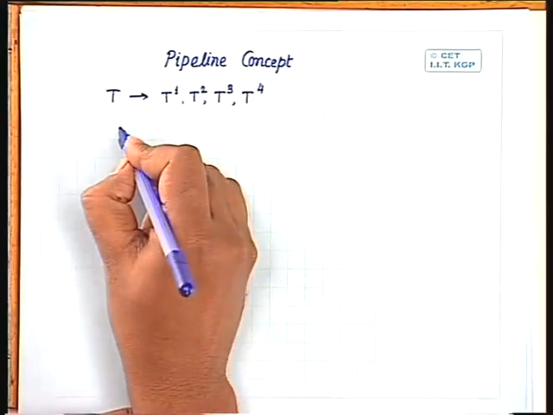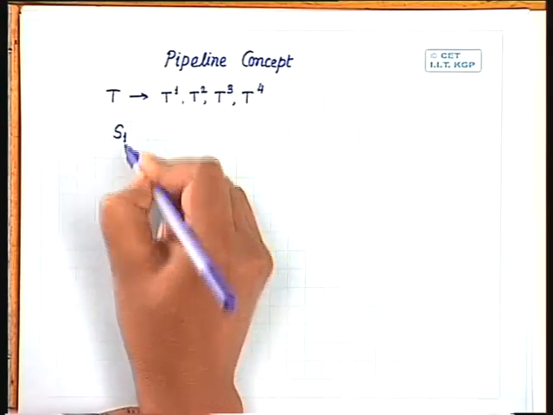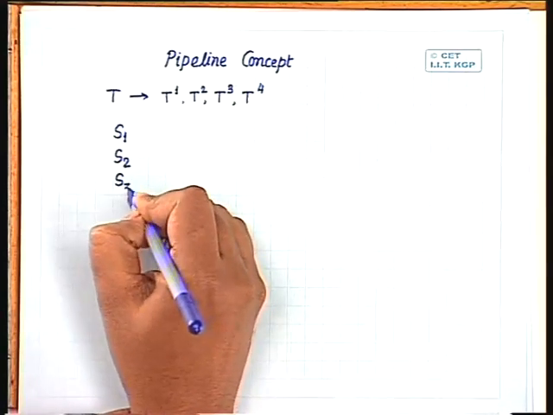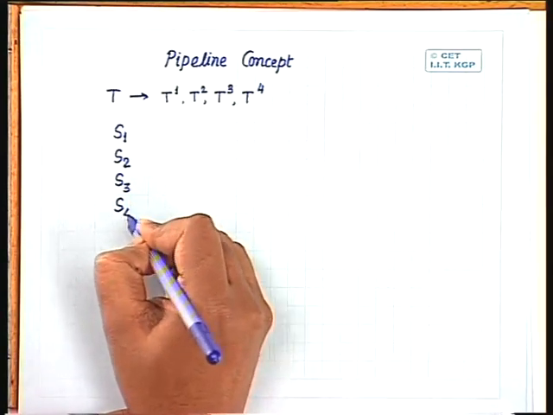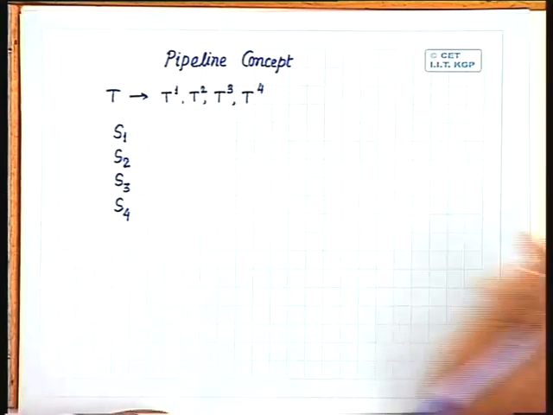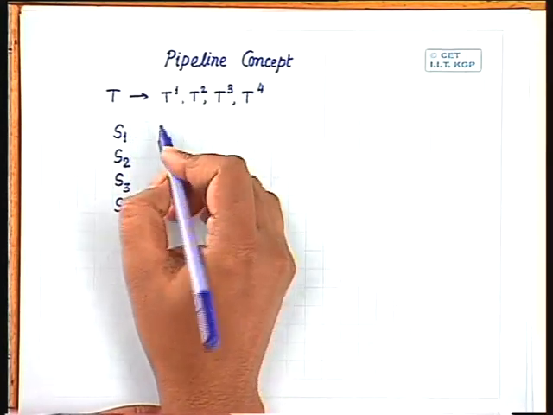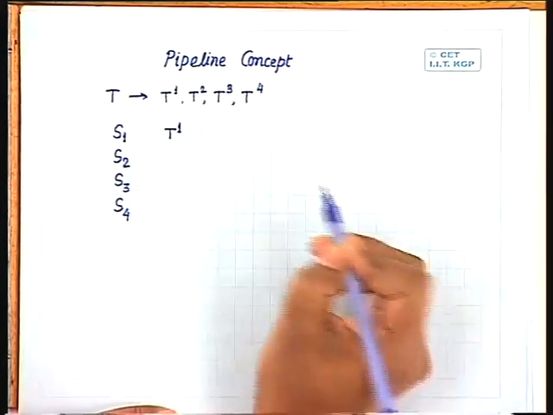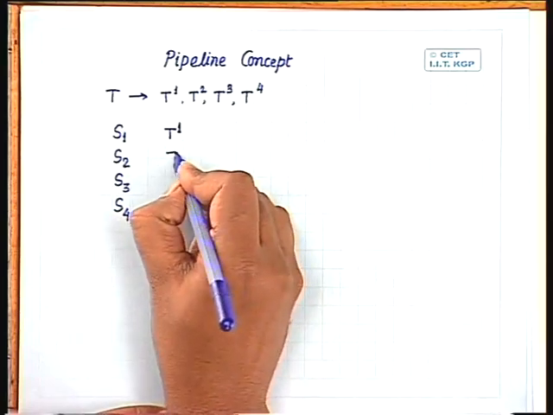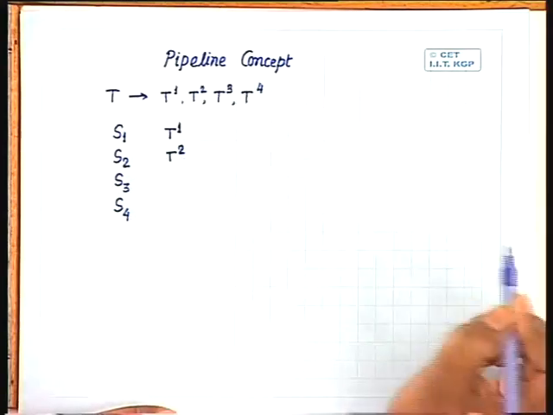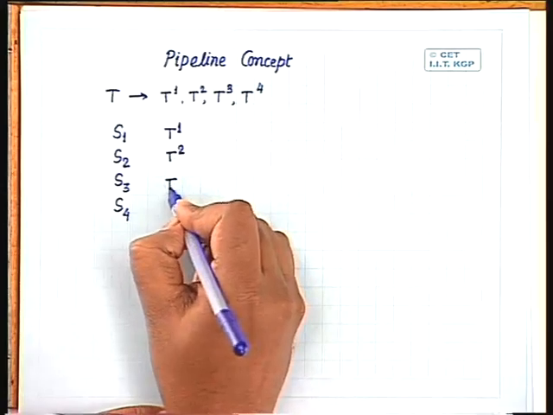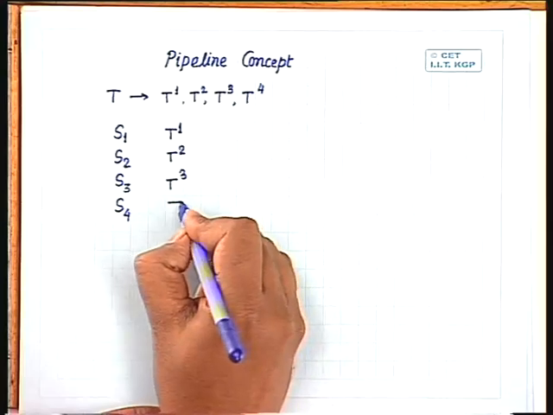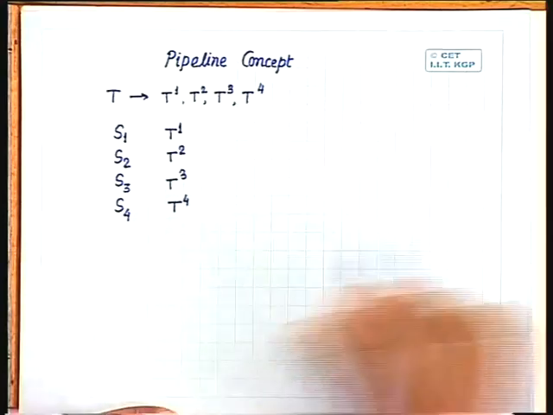So I have a computing block, say S1, a computing block S2, a computing block S3, and another computing block S4, where this computing block S1 is capable of executing task T1, this block S2 is capable of computing task T2, S3 is capable of computing task T3, and S4 is capable of computing the task T4.